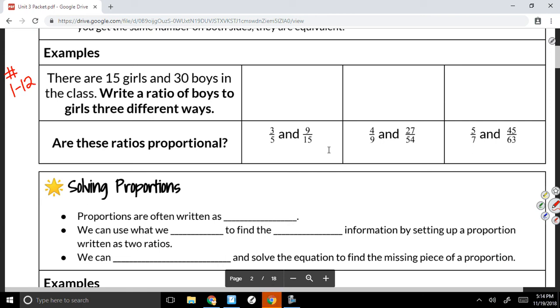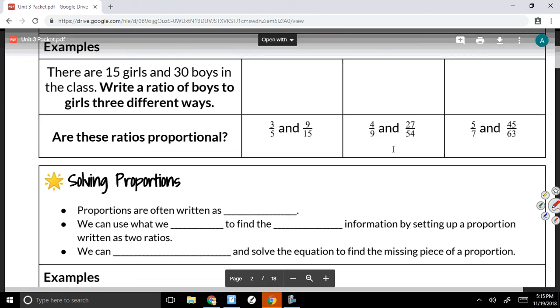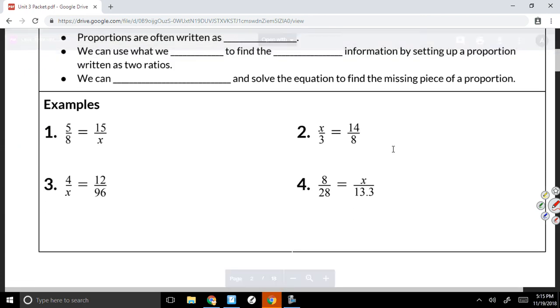The next section where it says, are these ratios proportional? That's going to be helping you out on questions 13 through 18. And then if you go down to that last part that we just did, numbers 1 through 4, that's going to help you out on questions 19 through 27. So just write yourself those little reminders so that as you're working on the practice, if you get stuck, you can go back to the notes to help yourself out.